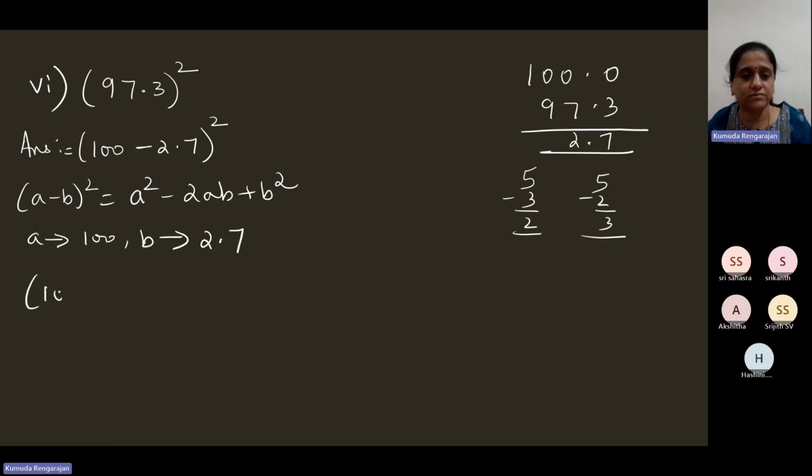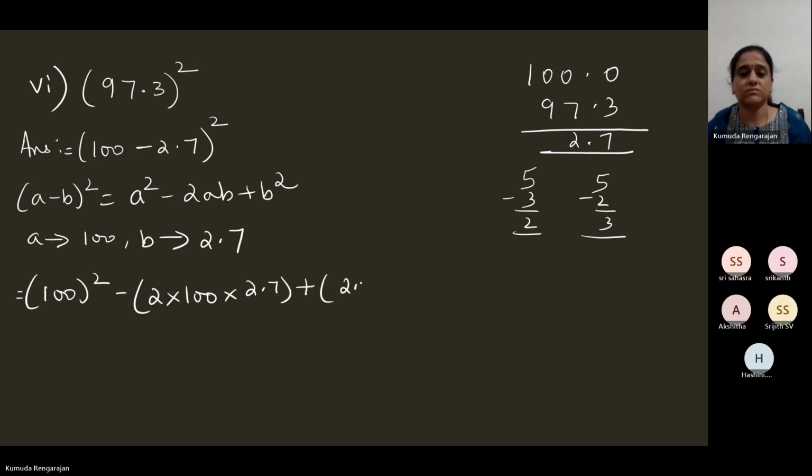A squared is 10,000, plus 540, plus 7.29. 10,000, minus 540, plus 7.29. 2 into 100 into 2.7 is 540.